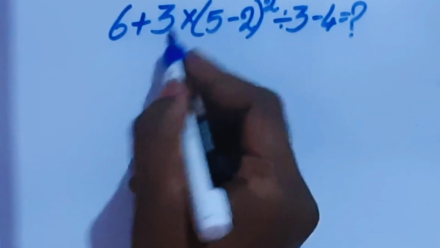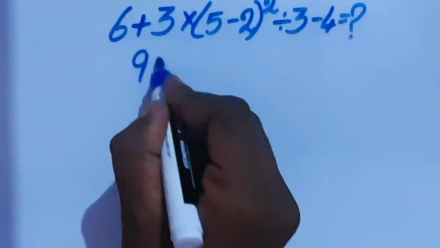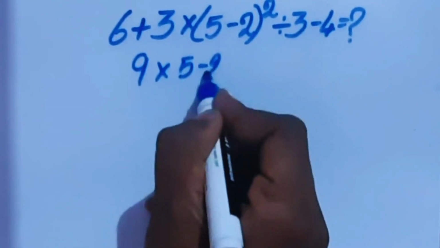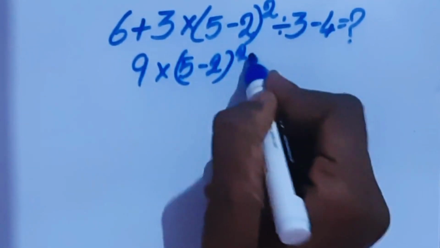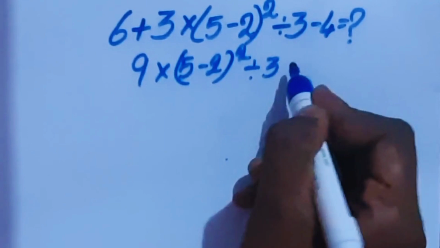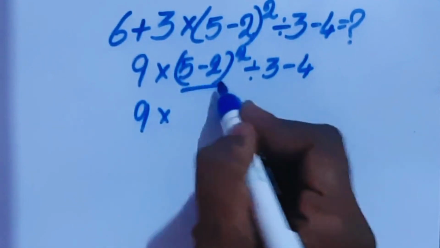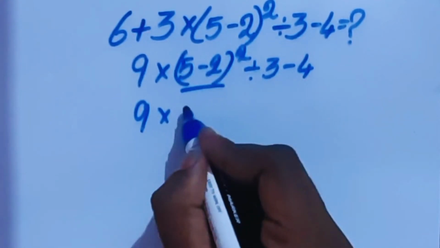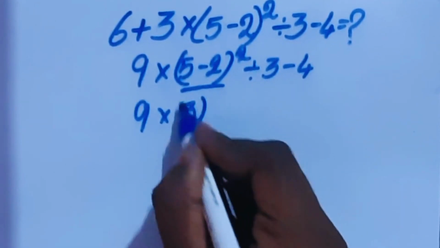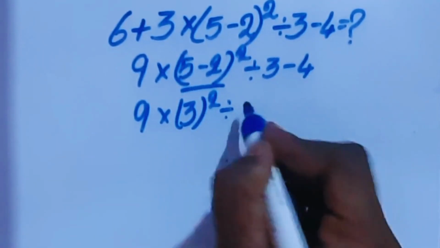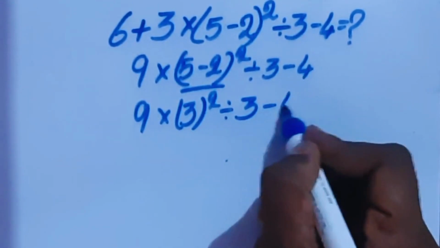Okay, here 6 plus 3 is 9, times here 5 minus 2 in bracket whole power 2, divided by 3 minus 4. Here 9 times the bracket, 5 minus 2 is 3, to the power of 2, divided by 3 minus 4.